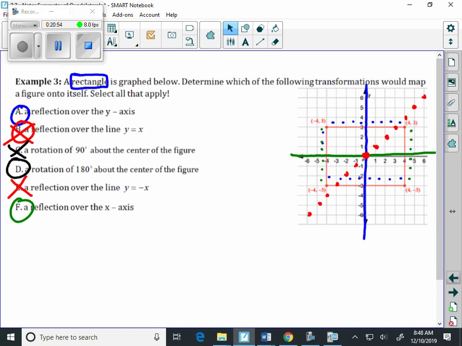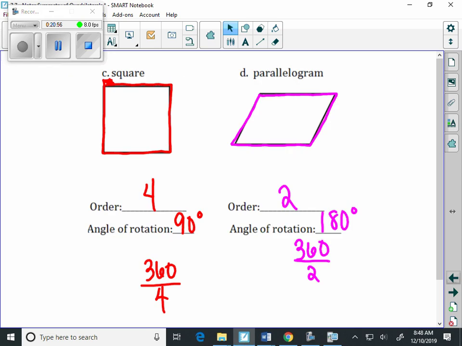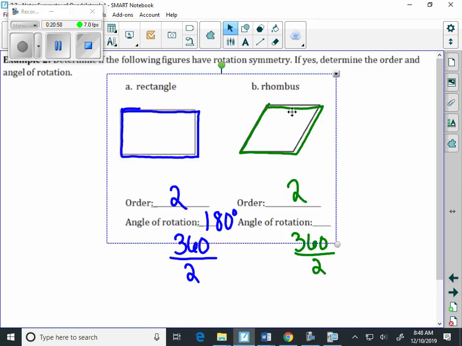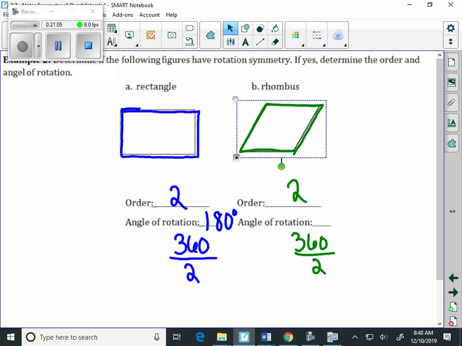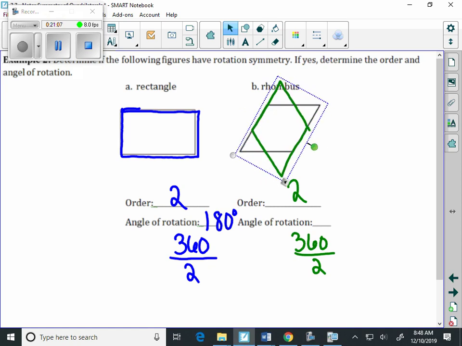If we go back to the rhombus, my picture is not very good here, but if we turn this, there's 90, there's 180.